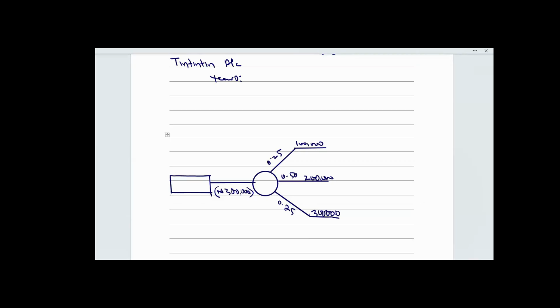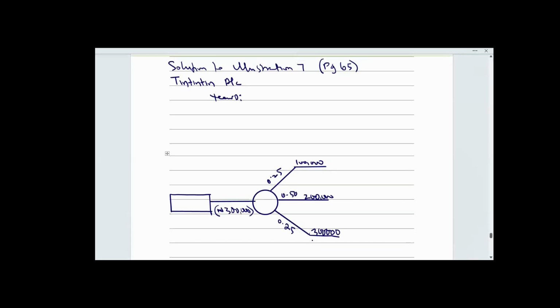Okay. Again, I've represented year one cash flow in the tree diagram. Immediately after year one, I need to draw a chance node to close year one.